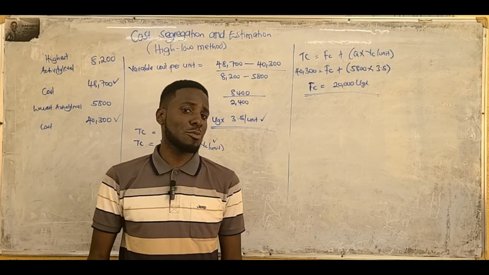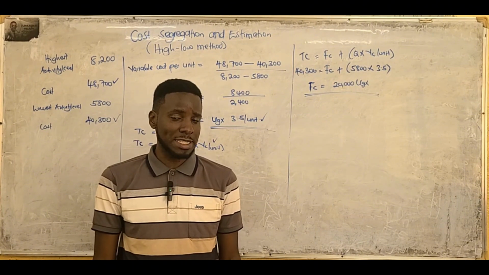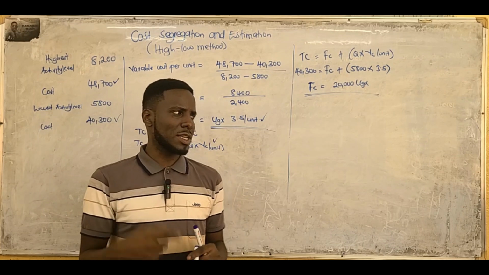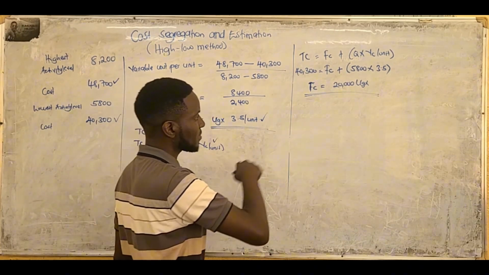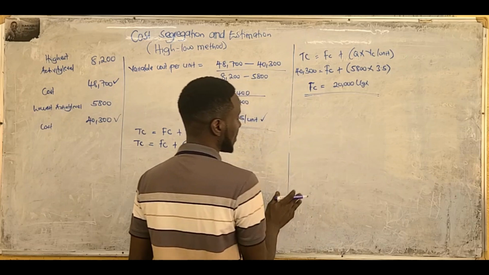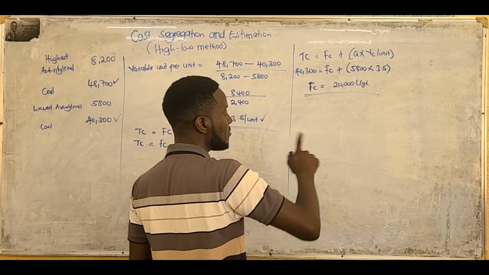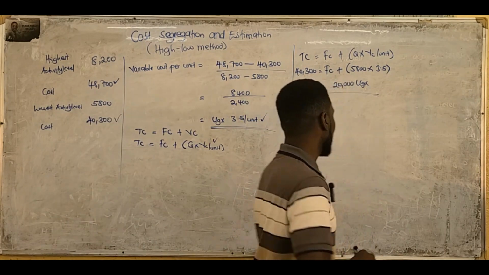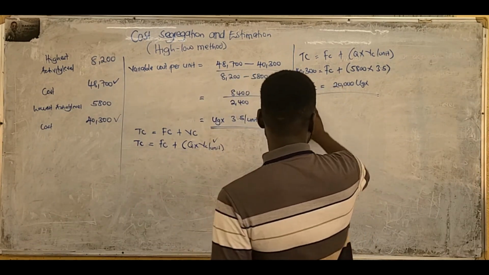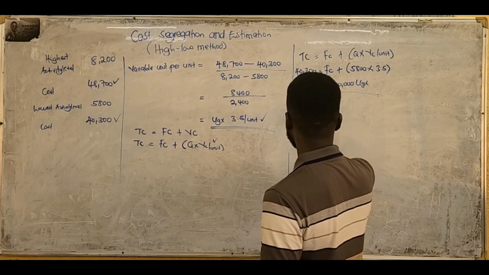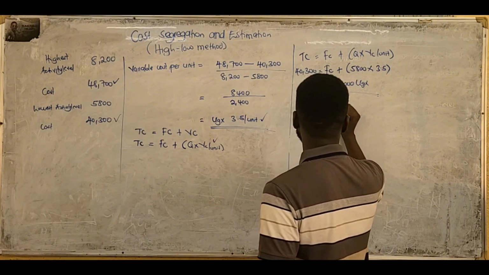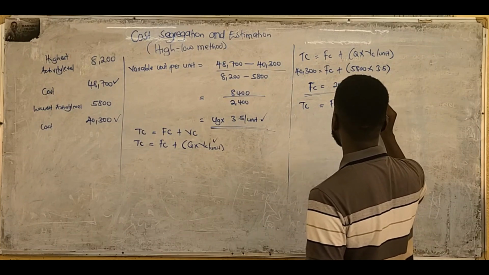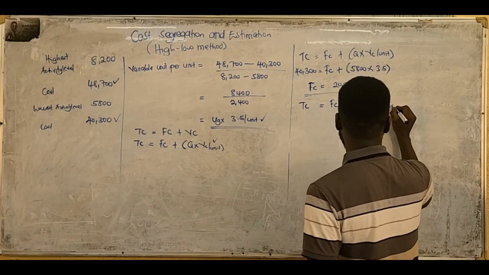For example, if you want to produce a given quantity or a given production unit, we shall need to say, okay, if this is the cost that we are giving out, how much will it cost us to produce such amounts of units? So our total cost equation will still be total cost equals fixed cost plus Q, which is the quantity times the variable cost per unit.